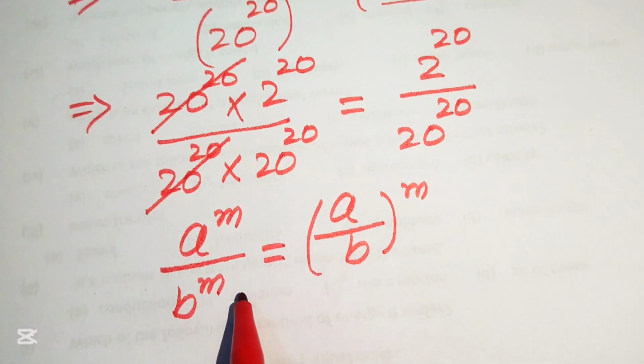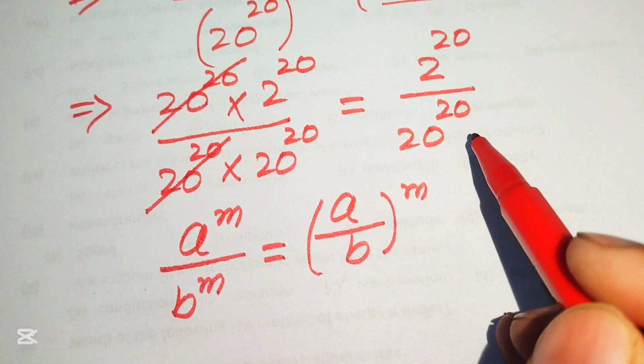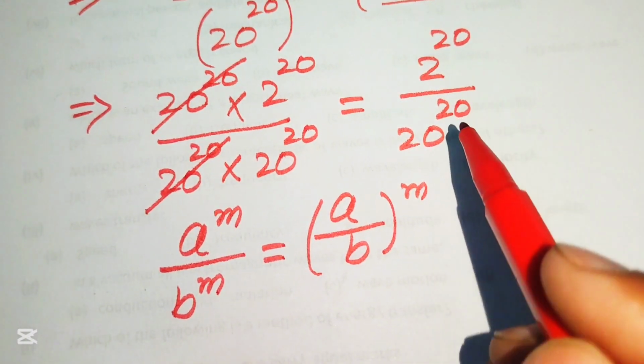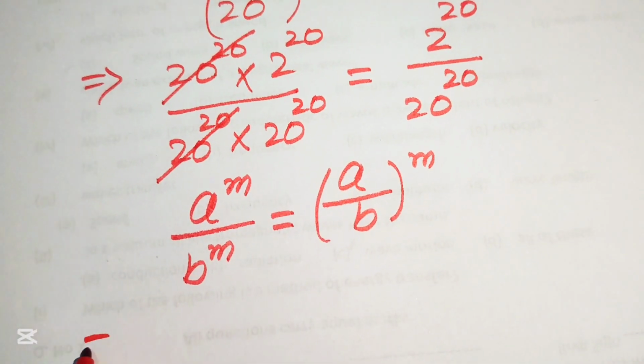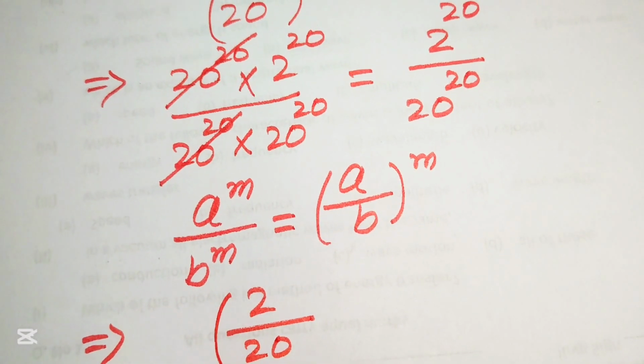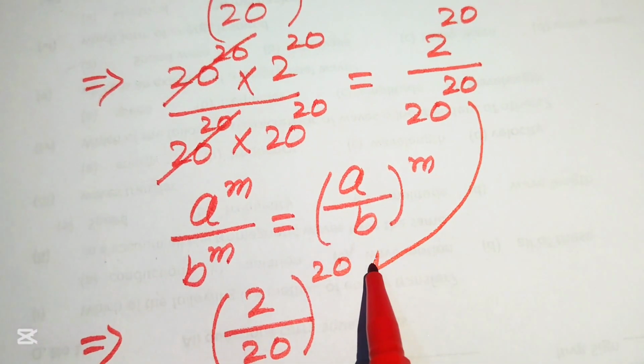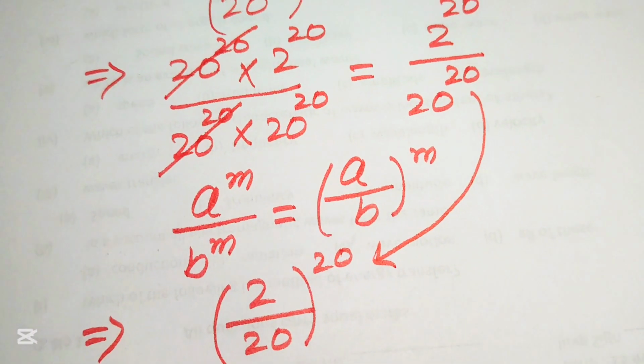Since the exponents of both terms are the same, we combine them and it is written as 2 over 20 and its whole exponent is 20. So we write the expression in this form.